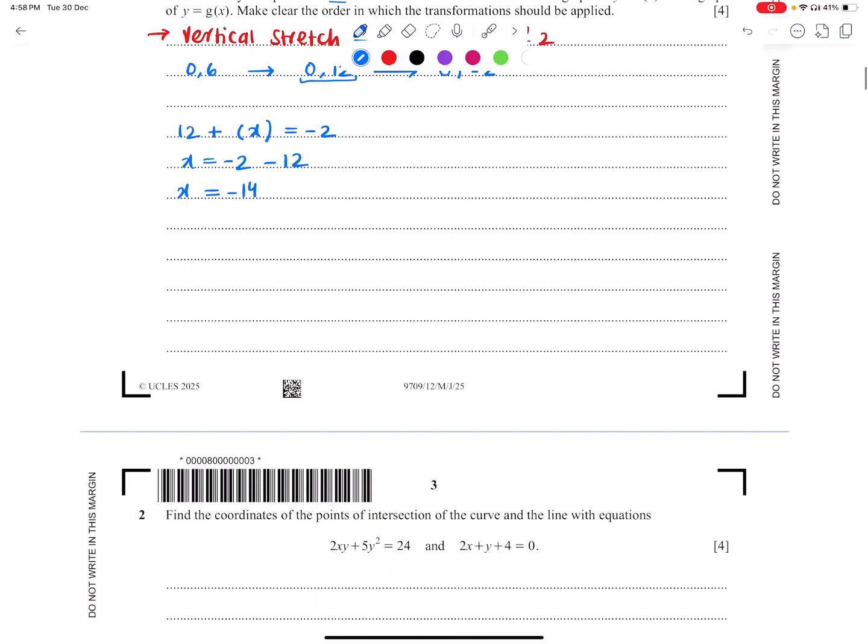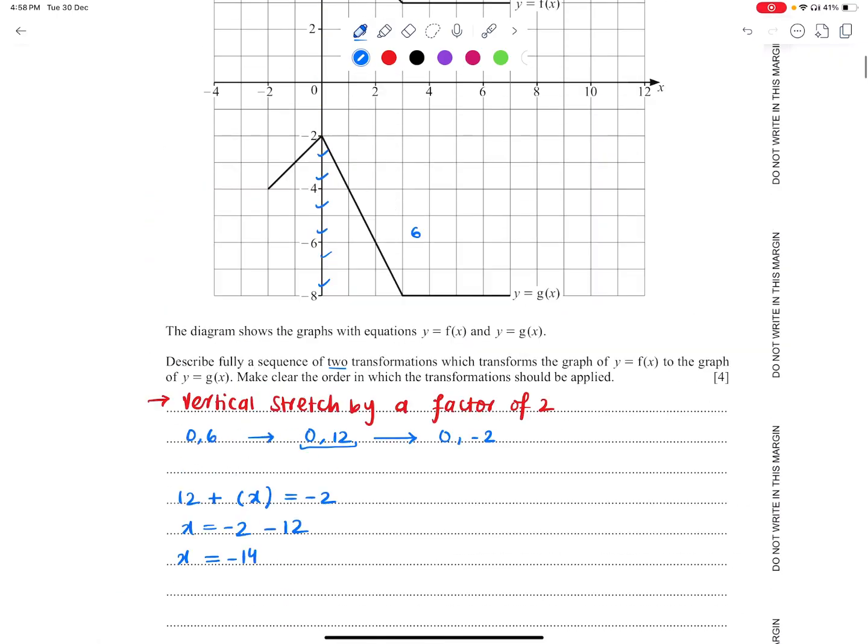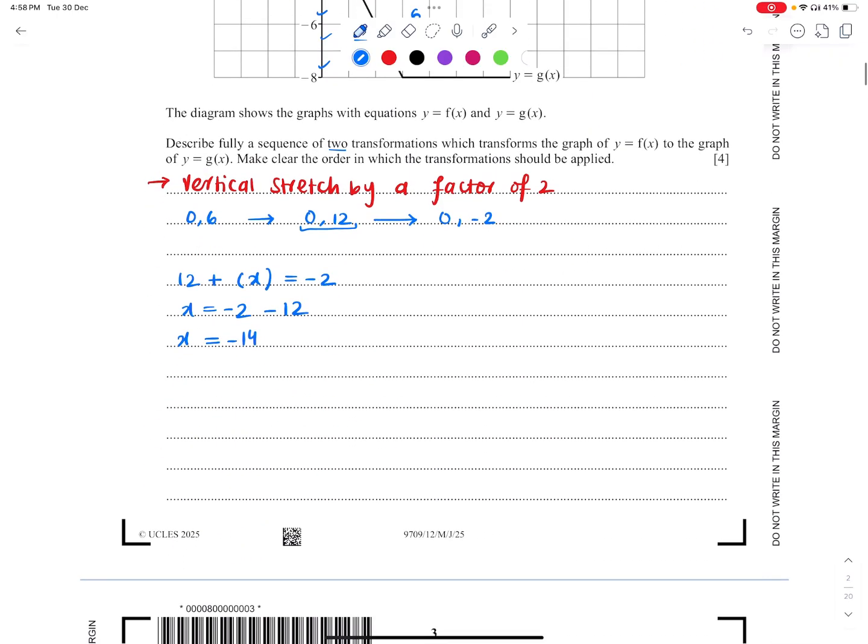So I can simply write this down. I can see that this is a translation, and I can write this down as translation by 0 and negative 14. It's always better to write down translation in a vector form. It makes it much simpler and easier for you to write down as well. Instead of writing horizontally and vertically, you can simply write down one vector form, and that would represent everything.